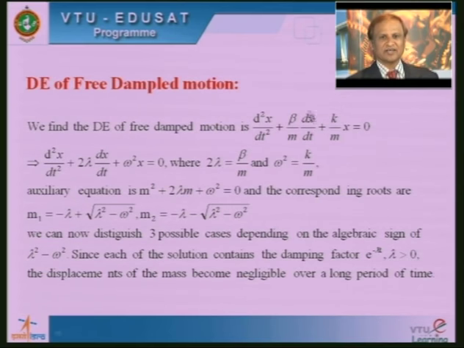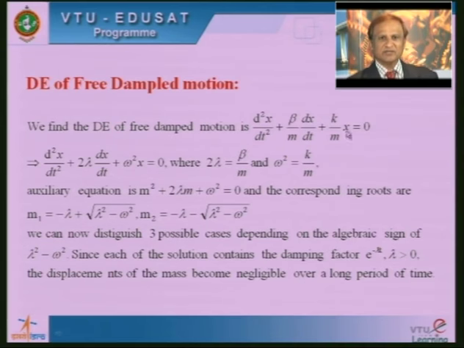In the earlier examples it was given as d square x upon dt square plus omega square x is equal to 0, or d square x upon dt square minus omega square x is equal to 0. So, instead of two terms, suppose we introduce one more term like this, what happens, we will observe.